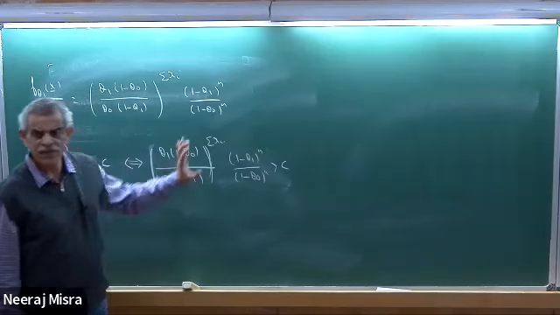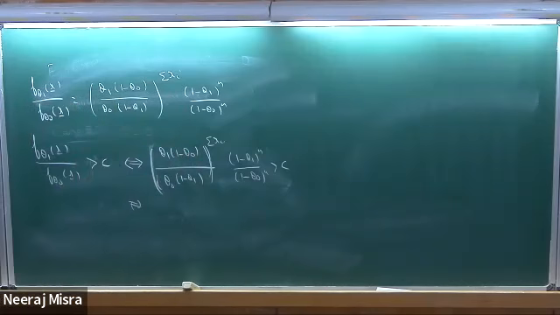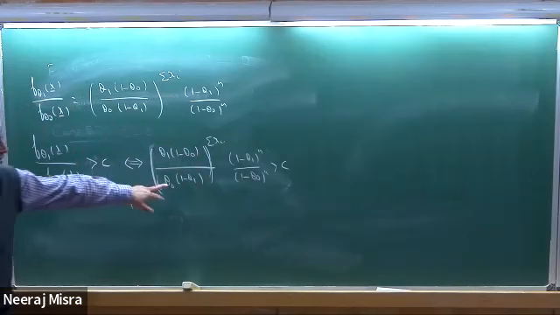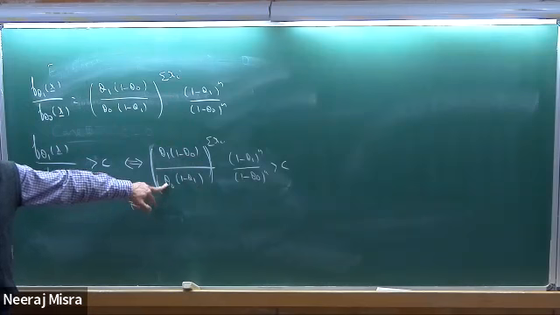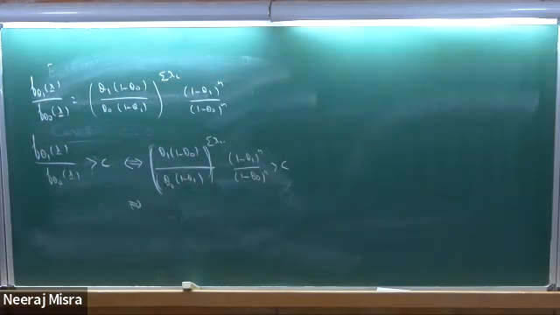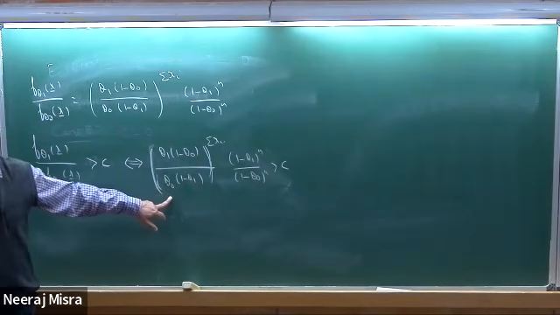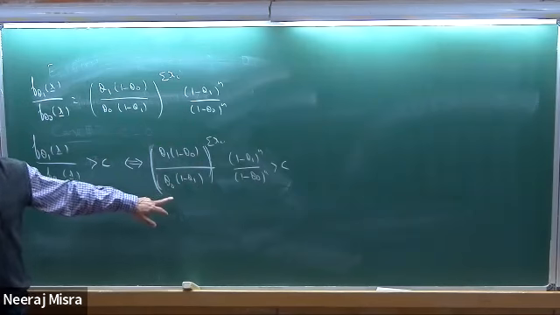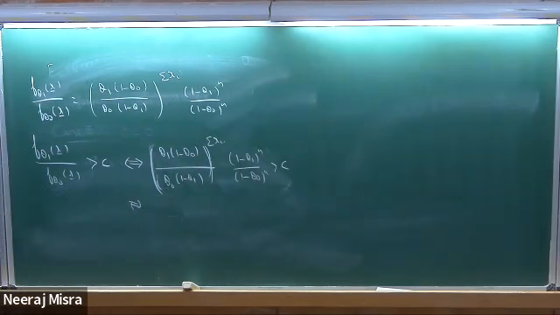But when I take the log of this on that side, the inequality may or may not change, depending on whether the log of this quantity is positive or negative. When this is positive, that means this is bigger than 1, then the inequality doesn't change. It will be summation xi bigger than some other constant, c2.